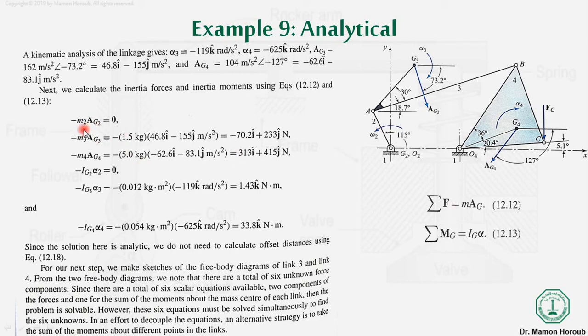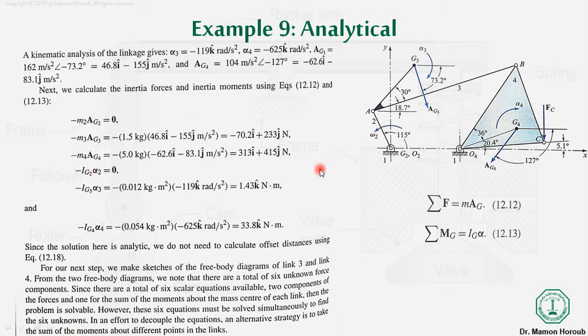The inertial force, let's suppose for link 2, is equal to m2 ag2, and for link 2 we are not considering the acceleration about the gravitational point, so we are not considering the inertial force, and also we are not considering the inertial moment. Okay, so the inertial force and the inertial moment for link 2 will be equal to 0.